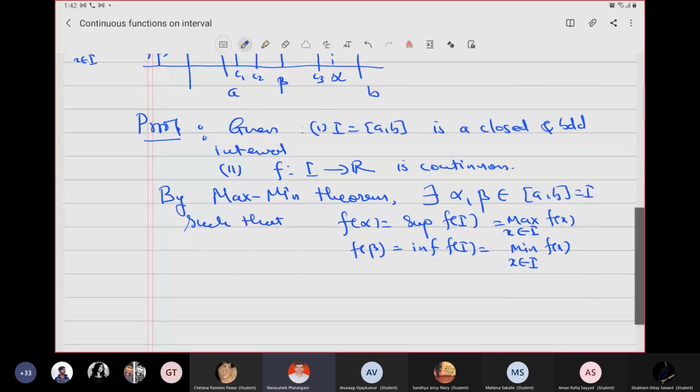because what? Because supremum is a member of set. Why is it a member of set? Because there is an alpha at which value is attained, and therefore it is part of range, and so it is maximum element. Correct? Correct.